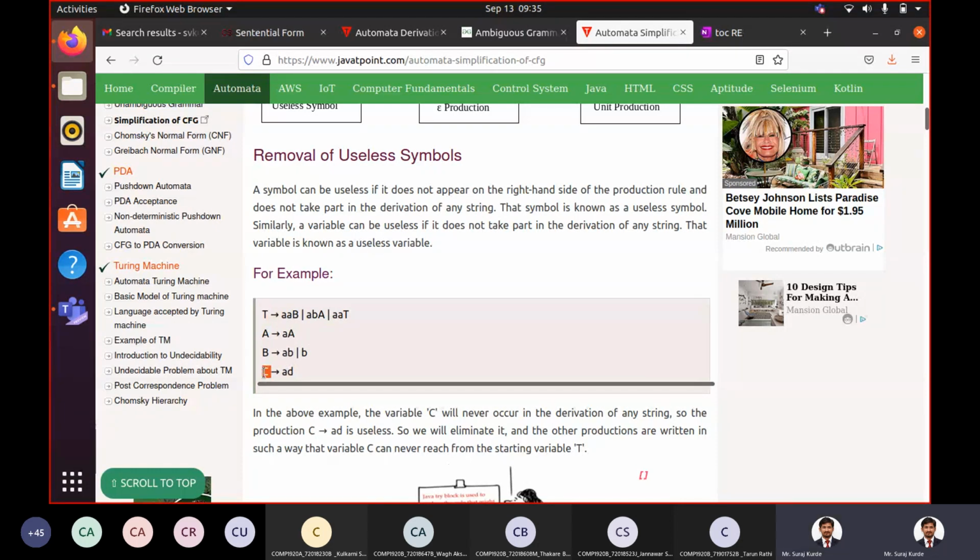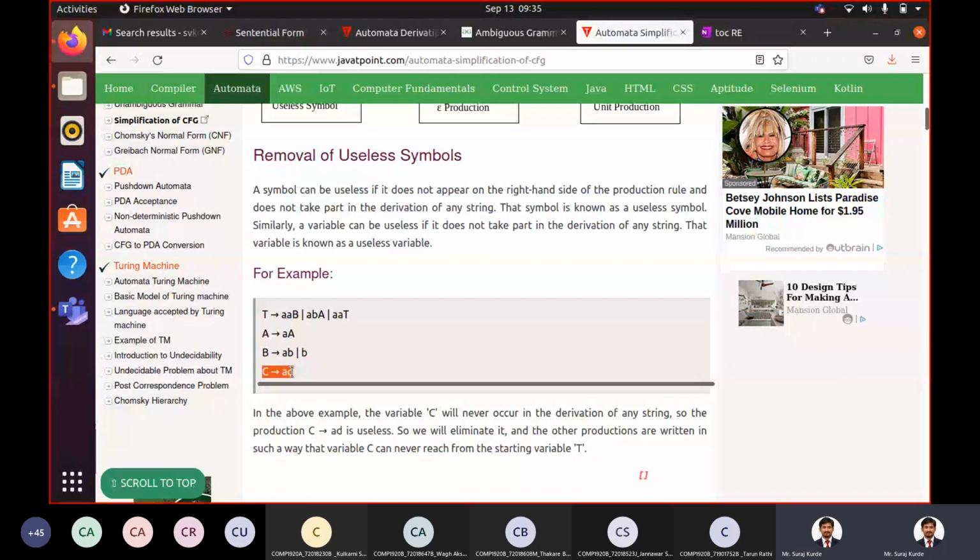And capital C is another non-terminal, but it is not on the right hand side of any production rule. So capital C is a useless symbol.